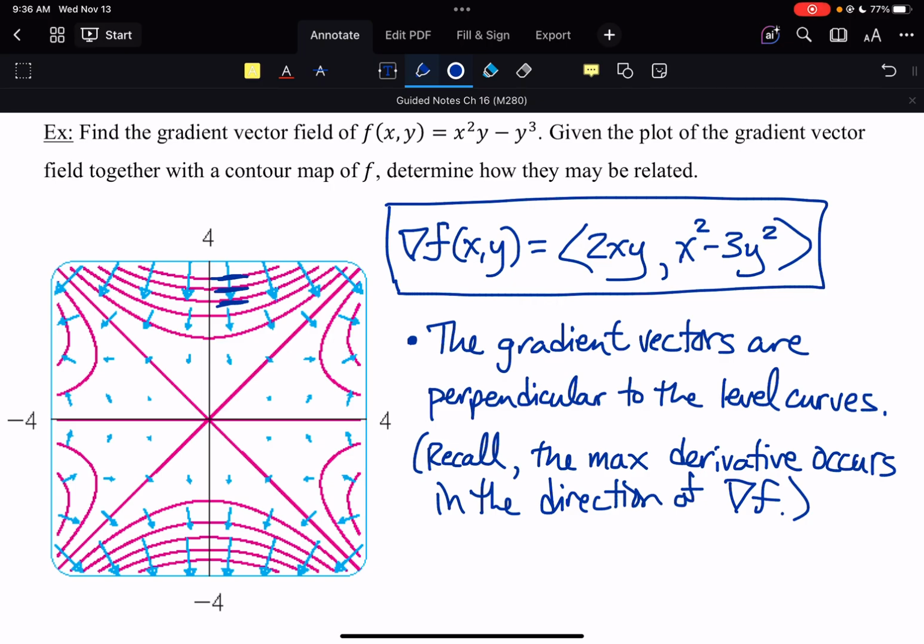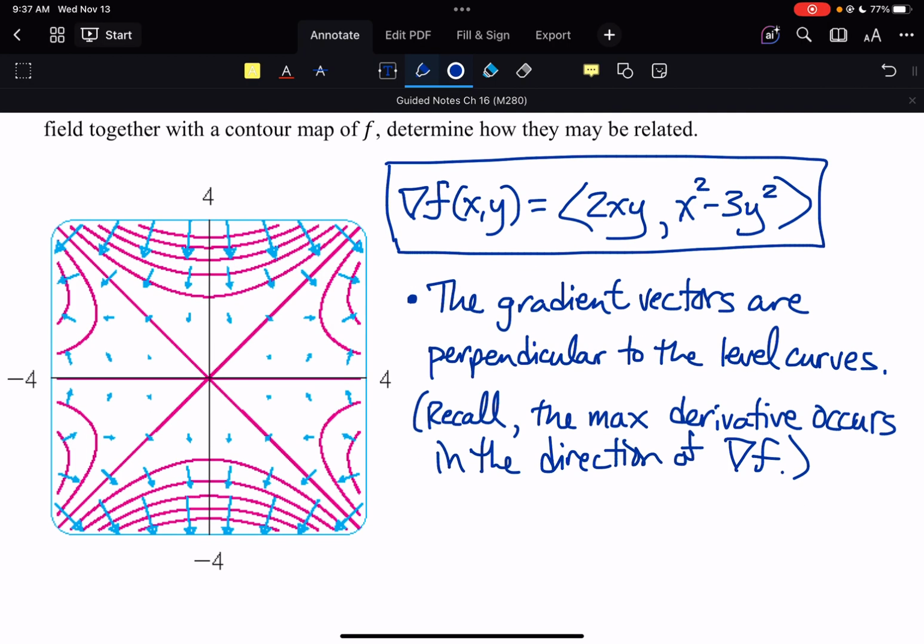The gradient is not meandering around these level curves. It's cutting straight through them, going as steeply as it possibly can. So the gradient vectors go perpendicular to the level curves because they're giving us that maximum rate of change in that direction.